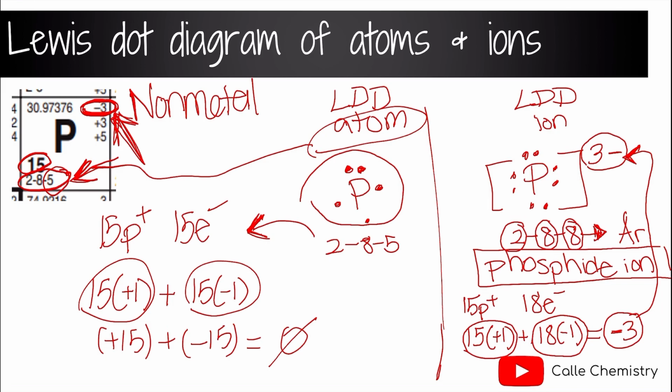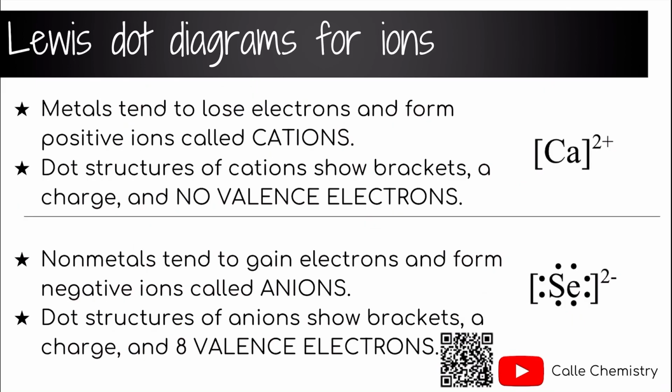Okay? At this point, we have reached the end of this lesson. Here's a quick summary of what we did discuss today. We talked about metals and how they tend to lose electrons and form cations. We said how the dot structures of cations show brackets and a charge, but no dots.